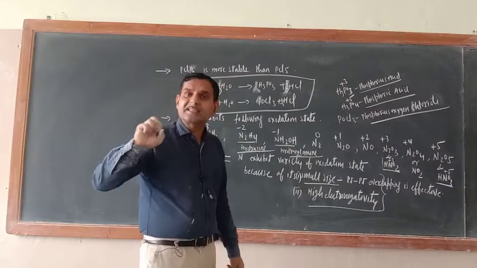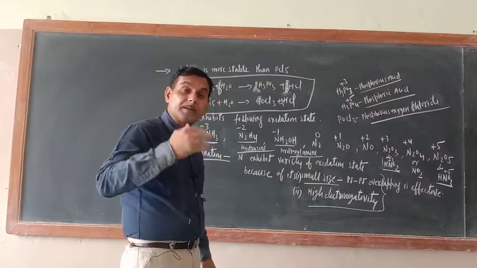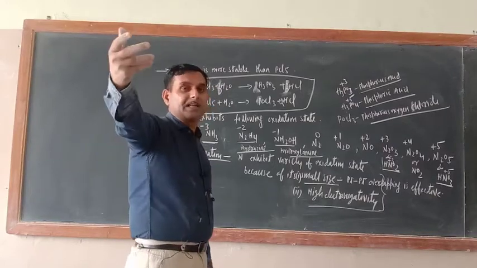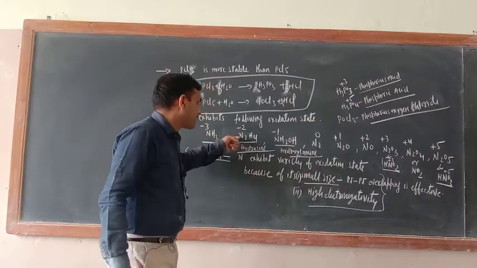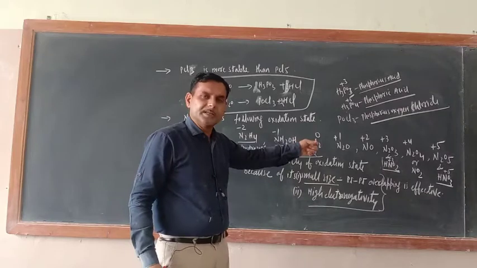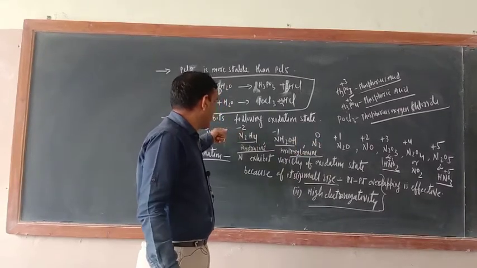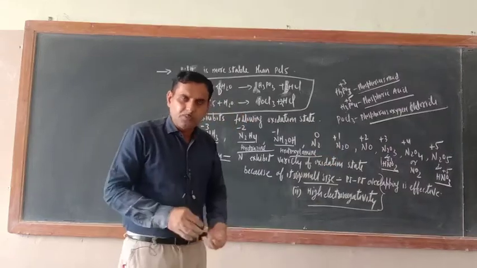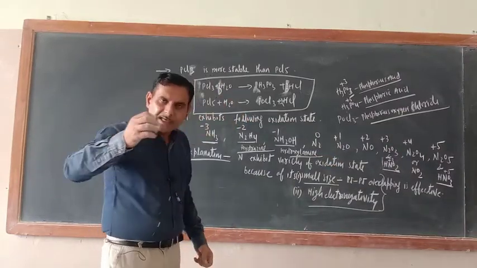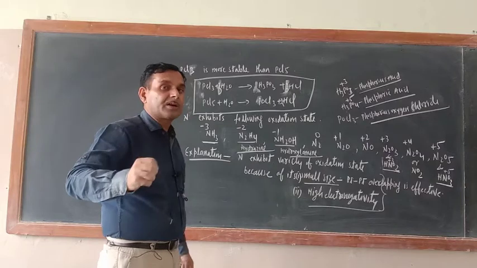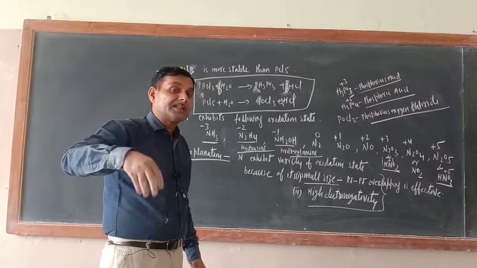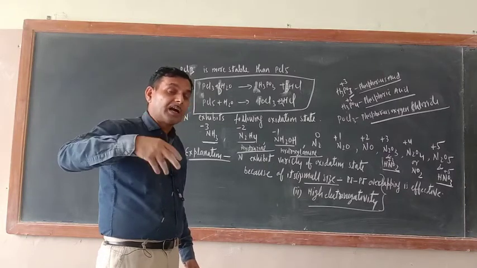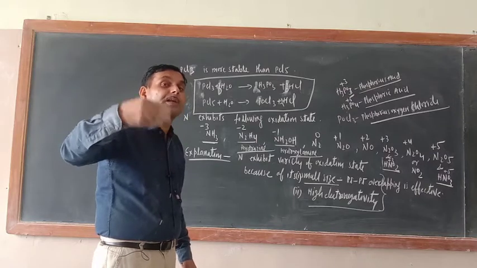Tendency to attract the shared pair of electrons towards itself when it is bonded with another atom. So just see, nitrogen is bonded with hydrogen, nitrogen is bonded with oxygen, okay. So what will it do? It will attract the shared pair of electrons. So their octet will be completed, and now the stability of the compound will increase.